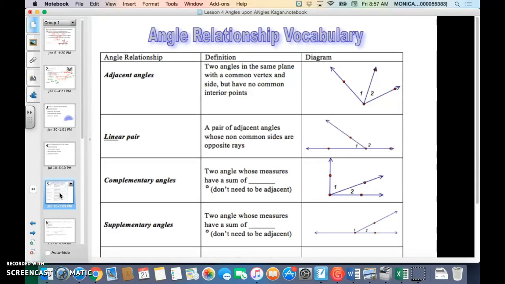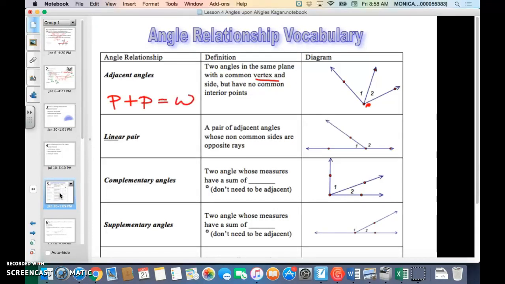So for example, if we have a situation where we have two adjacent angles, adjacent just means that they're next to each other, okay? They have a common vertex. The vertex is this point right here, and they share a side. So basically, a formula that you would set up for adjacent angles is part plus part is going to equal your whole.